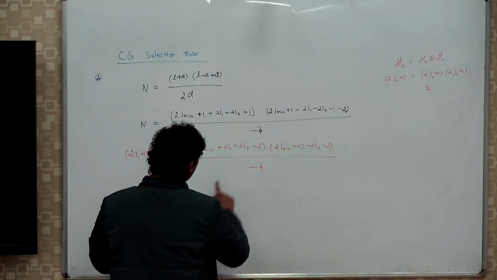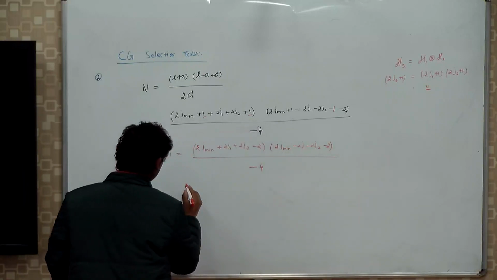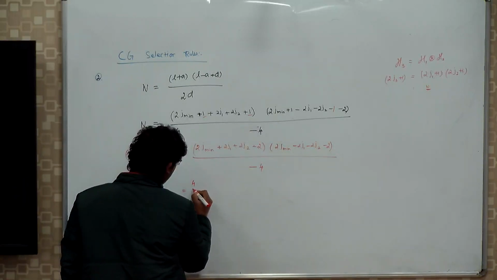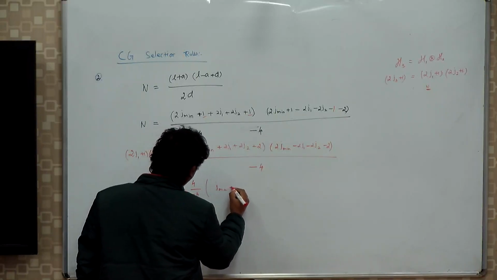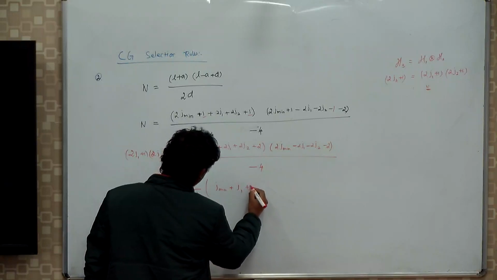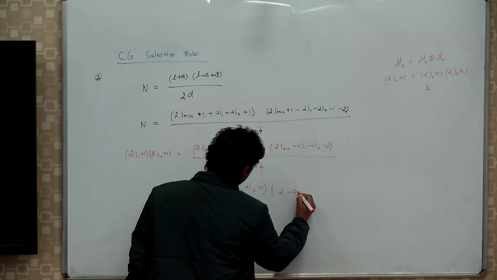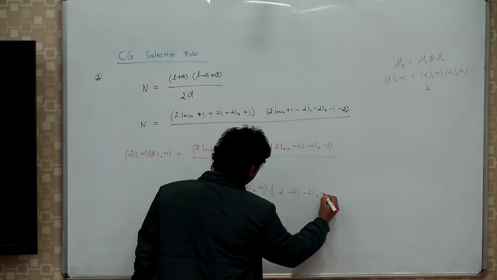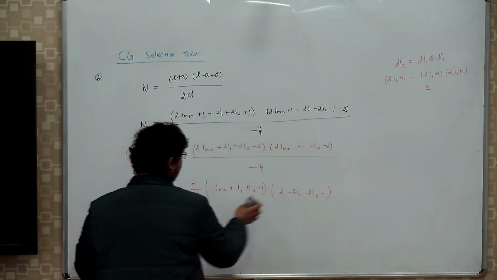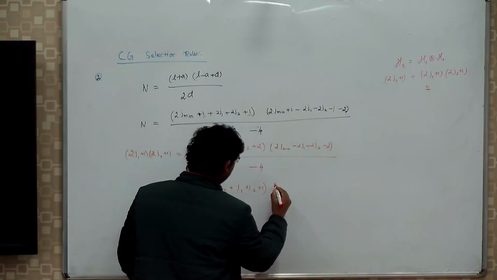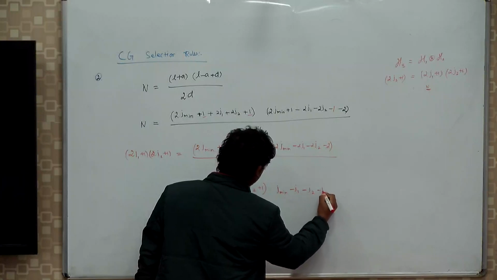So 2 can be taken out as a common value from this. Then if we take a 4 out divided by minus 4, we will get j minimum plus j1 plus j2 plus 1, then 2 minus 2j1 minus 2j2 minus 1, sorry, this is j minimum minus j1 minus j2 minus 1.